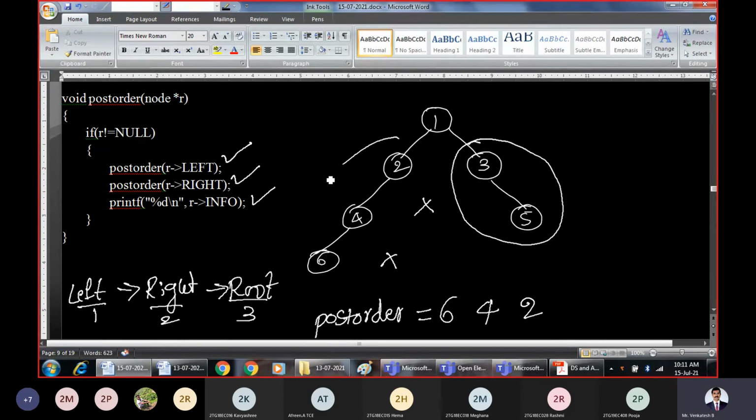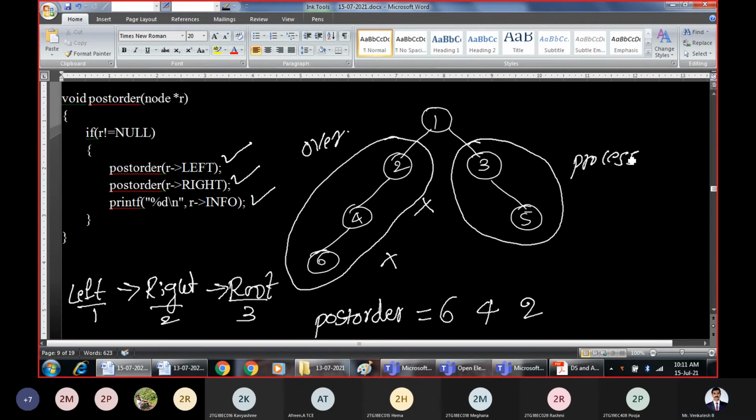For node 1, now the entire left is over. This is over. And now we have to process this tree. This is the task now. Process this right subtree.